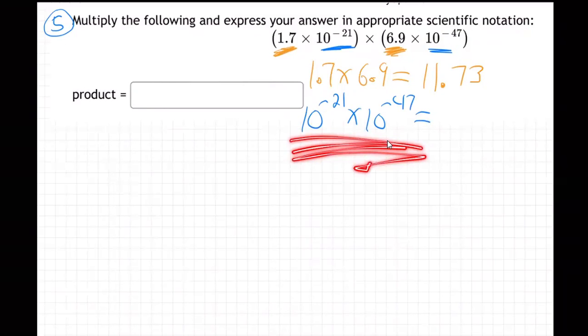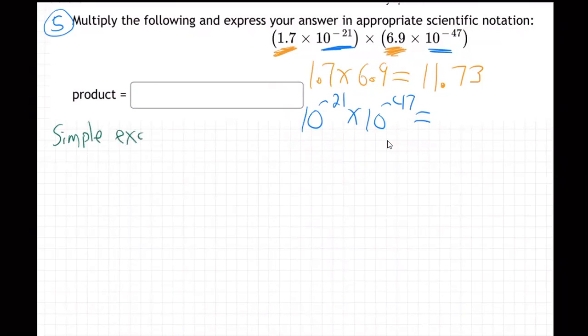I know there's probably some rule, I can't remember it. Well, here's what you should do. Go over on the side and make a simple example. Observe the pattern and do the same thing on the harder case. What do I mean? Well, just think of 10 squared times 10 cubed, right? Just make them simple numbers instead of negative 21 and negative 47.